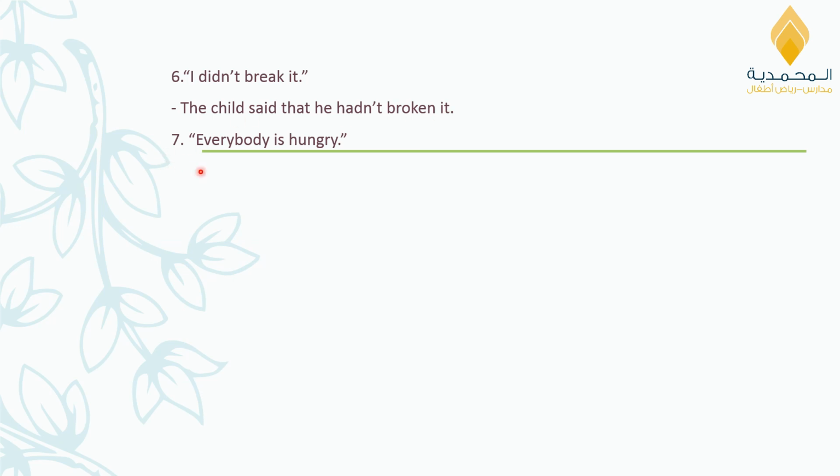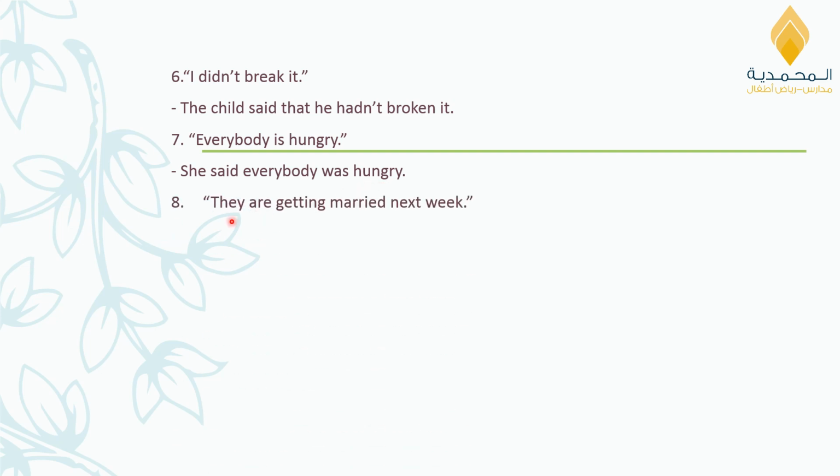Number 7: Everybody is hungry. In this sentence, we're going only to change the present simple tense, which is represented in is. The reported sentence would be, she said everybody was hungry.